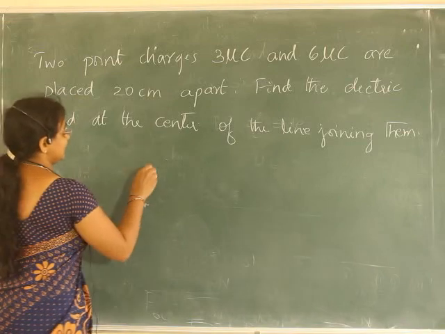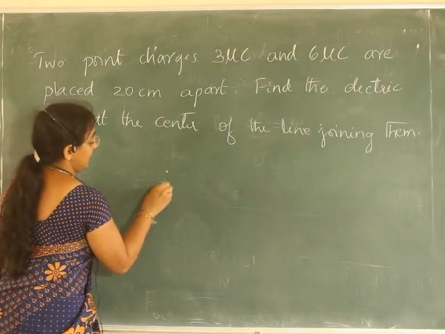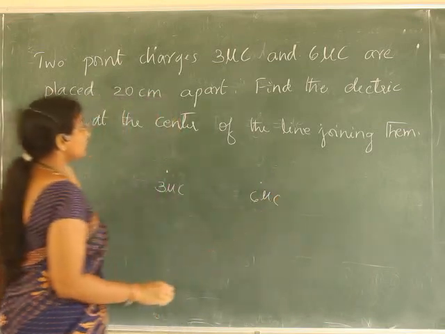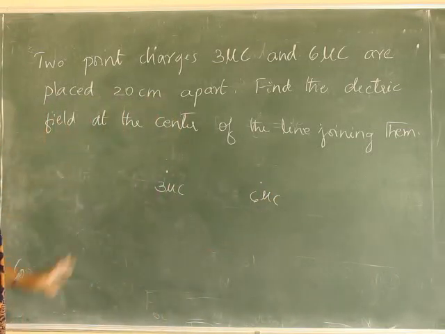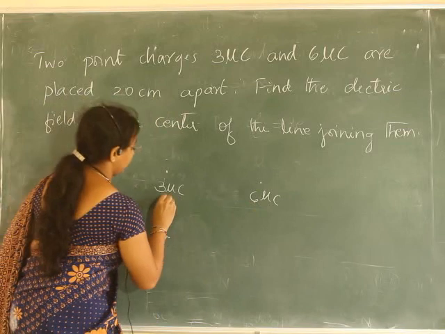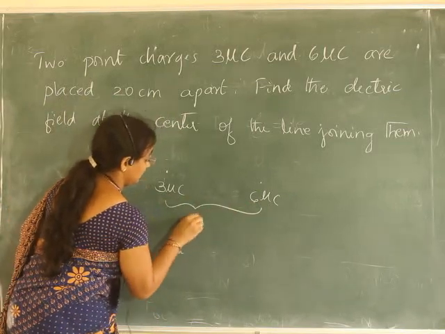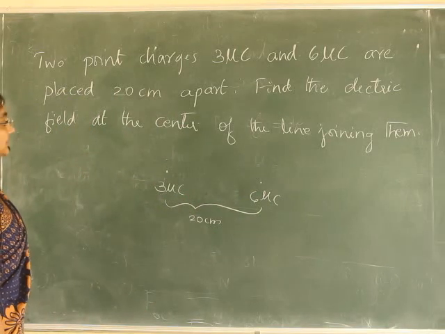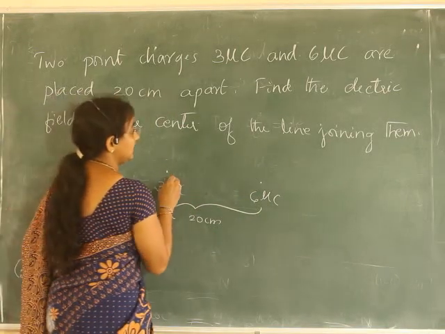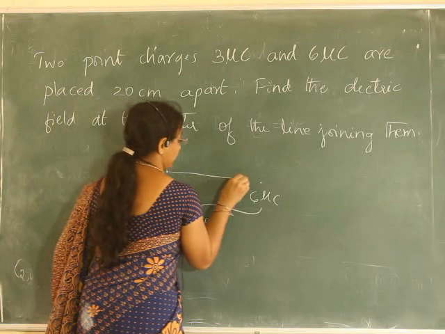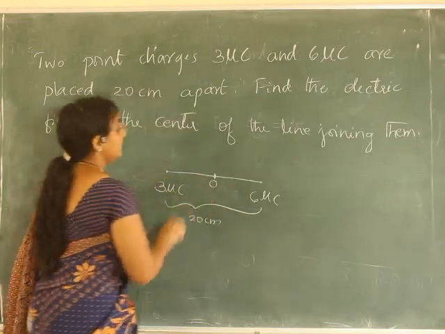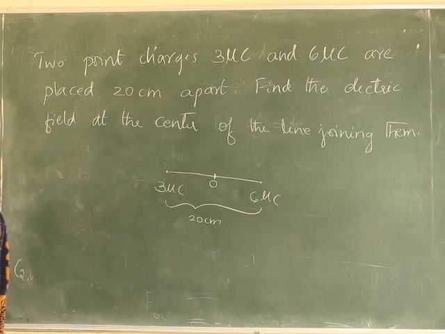Okay, two point charges are there, 3 microcoulomb and 6 microcoulomb. They are placed 20 centimeter apart. At the center of the line joining them itself you have to find the electric field.